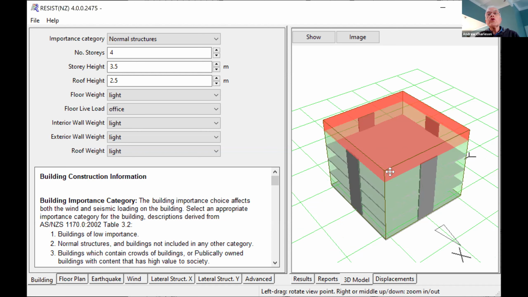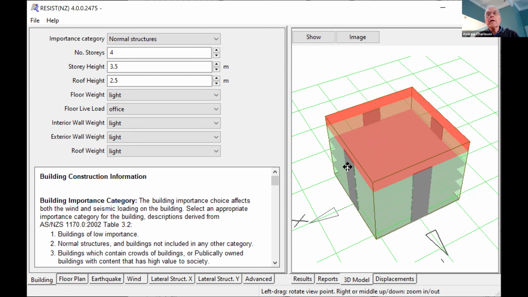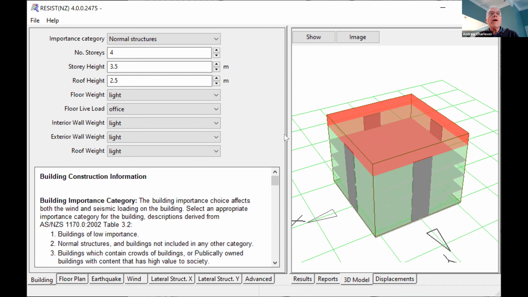But you will try and model your building quite accurately. And as far as designing for earthquakes is concerned, one of the most important things is to model your building weight correctly, because the earthquake force is proportional to your building weight.